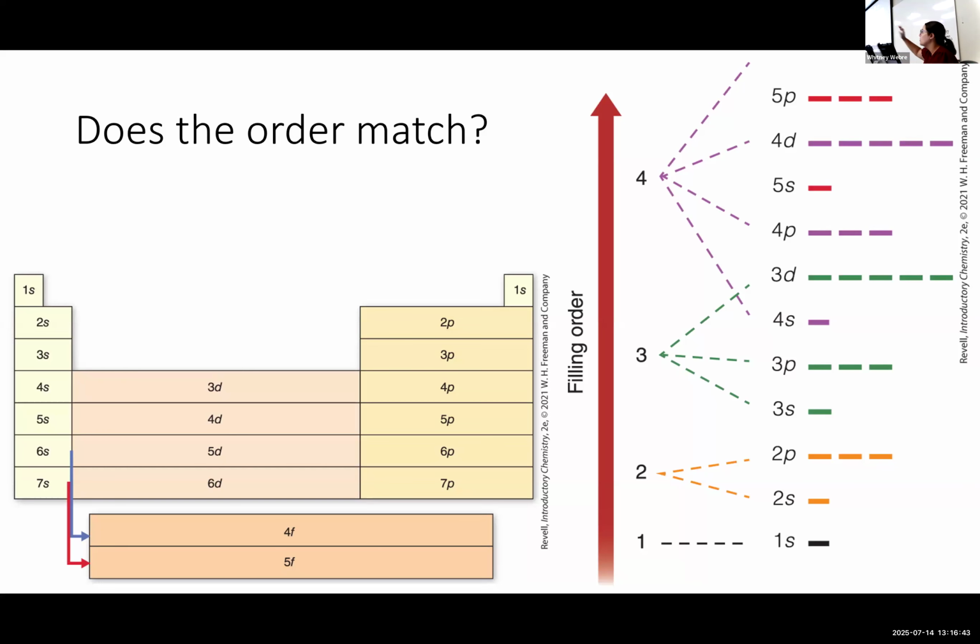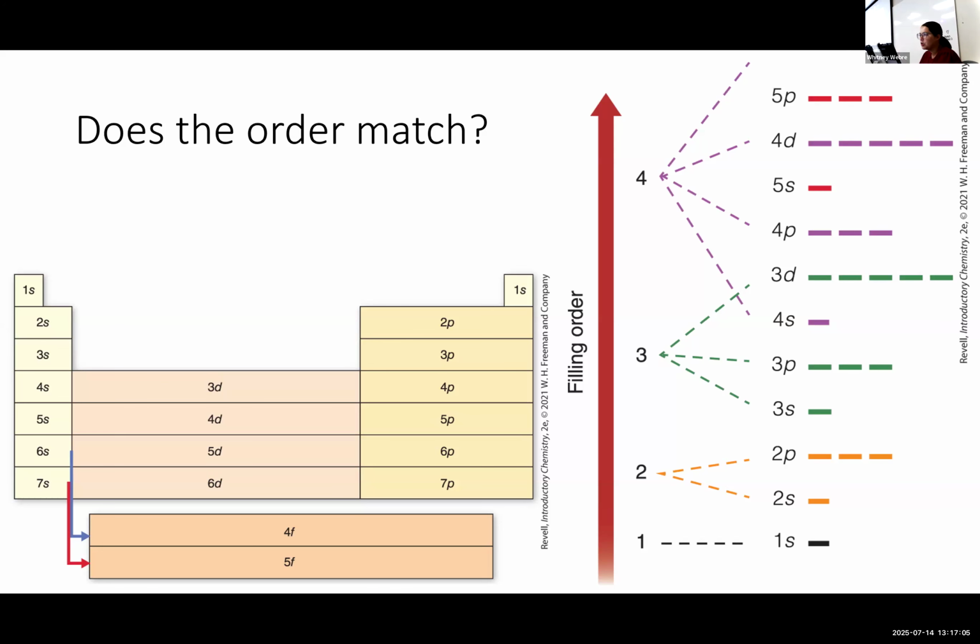It's like you're reading a book. You just go left to right, counting the rows. So 1s2, 2s2, 2p6, and down and keep going. As you're studying, keep this in front of you. The more you do it, the more it will stick with you. That's my biggest piece of advice. Don't try to cram this in the night before.